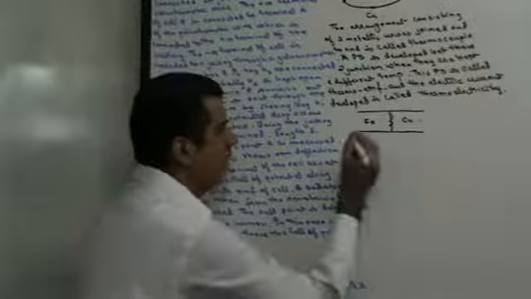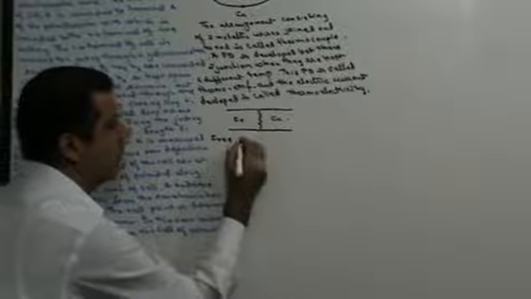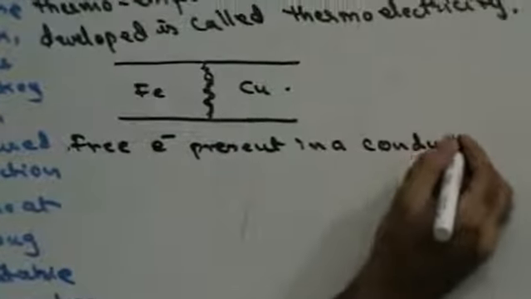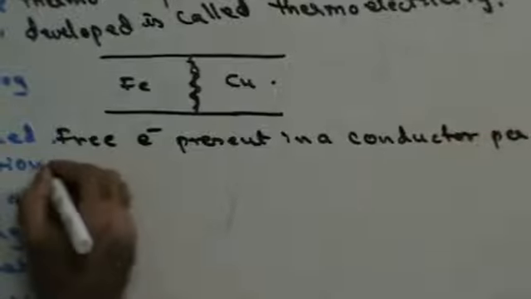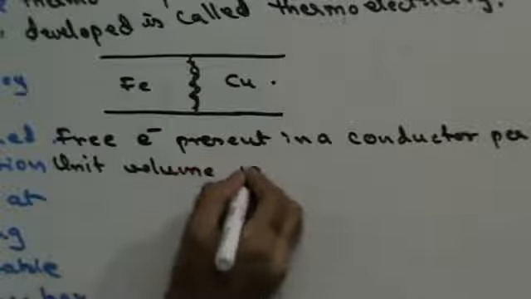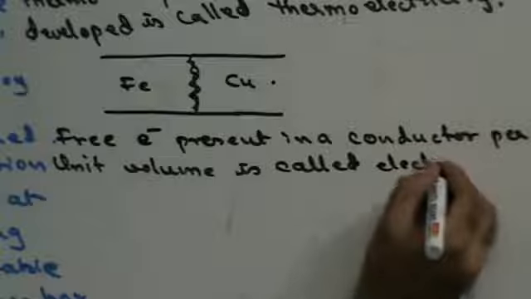The free electrons present in a conductor per unit volume is called the electron density.